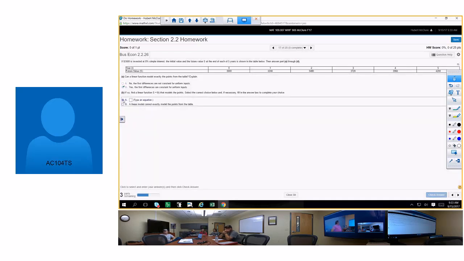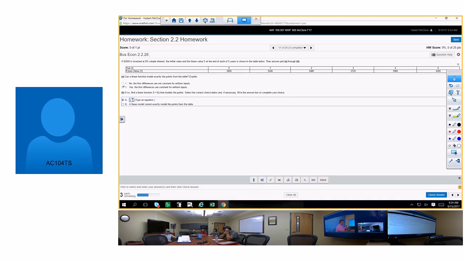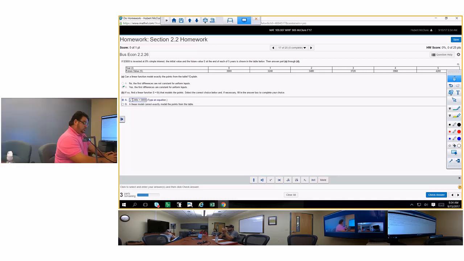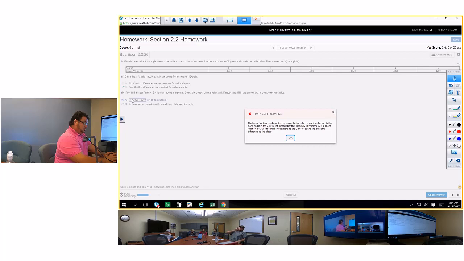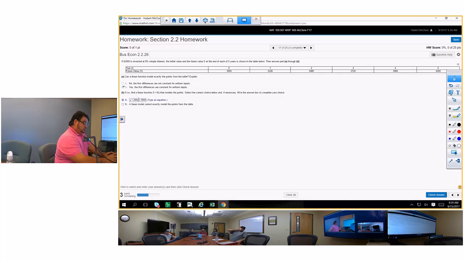Type equation. They usually ask you to predict something. Y is equal to 240x plus 3,000. You have to put T for X. Oh, whatever. Make sure you put T for X.